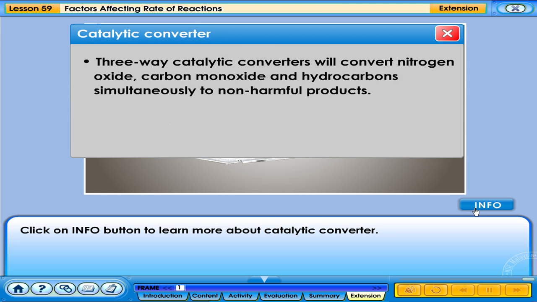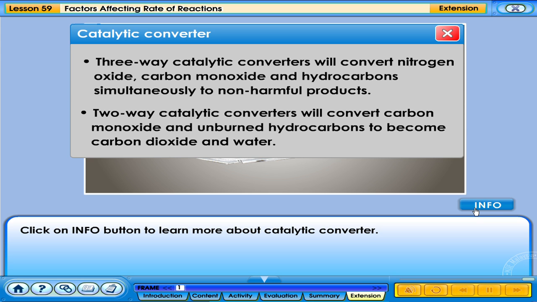Three-way catalytic converters will convert nitrogen oxide, carbon monoxide, and hydrocarbons simultaneously to non-harmful products. Two-way catalytic converters will convert carbon monoxide and unburned hydrocarbons to become carbon dioxide and water.